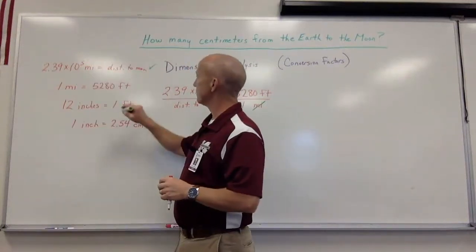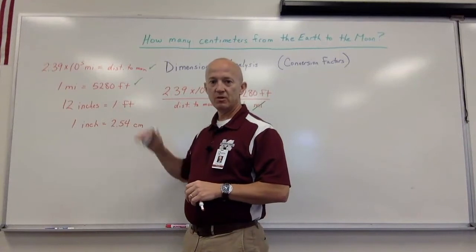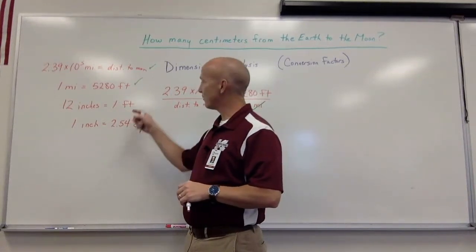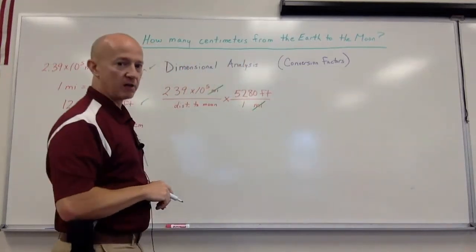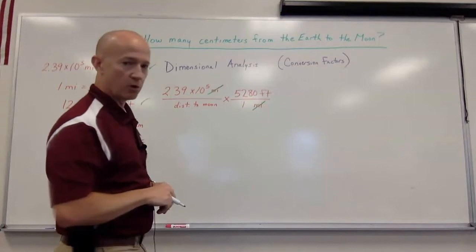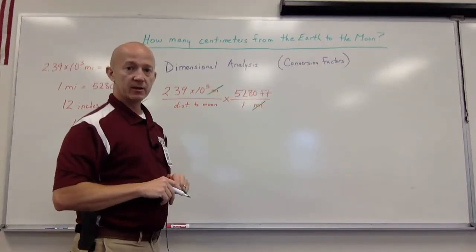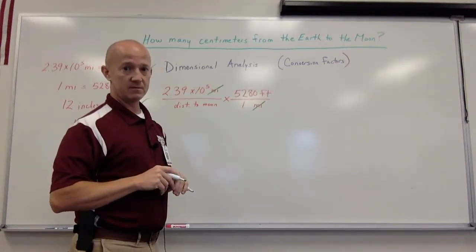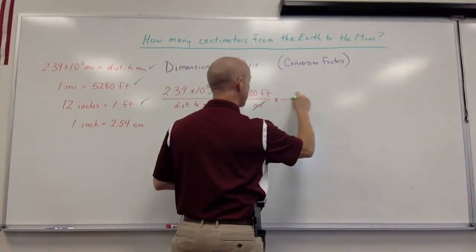You starting to understand now? We've used this one. We've used this one. Which of these two should we use next? Right, this one. So how do we need to arrange 12 inches equals 1 foot so that we can make this into a conversion factor and cancel feet? Okay, we'll put feet on the bottom.